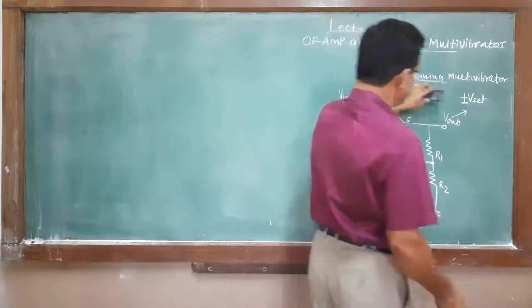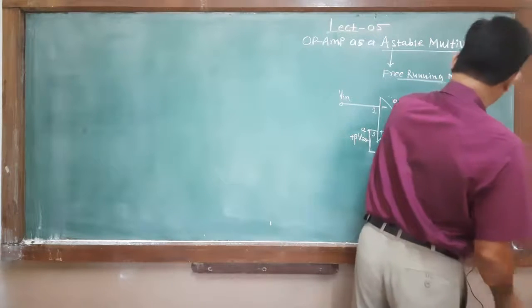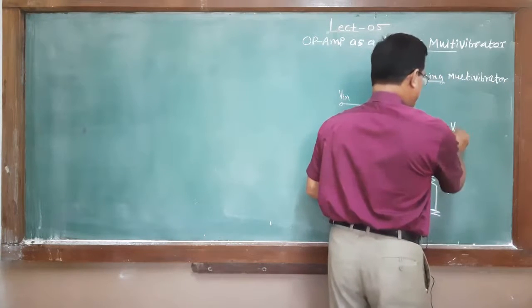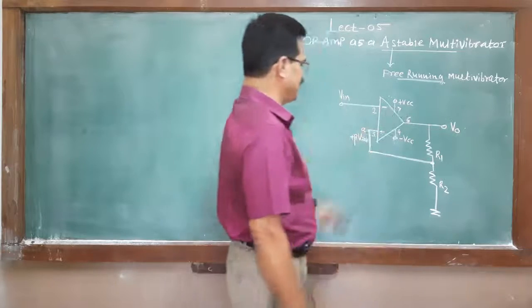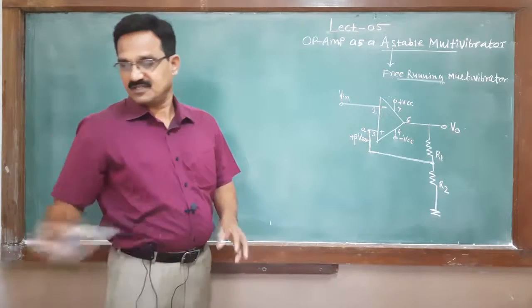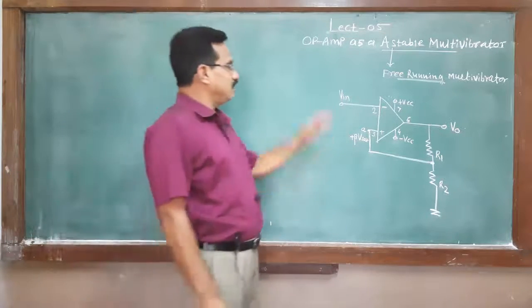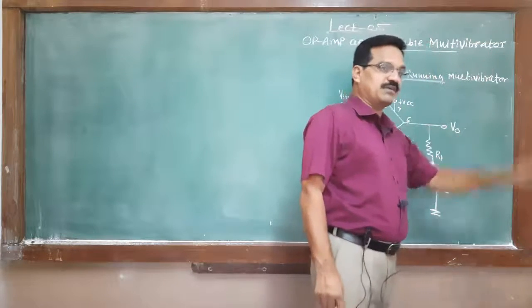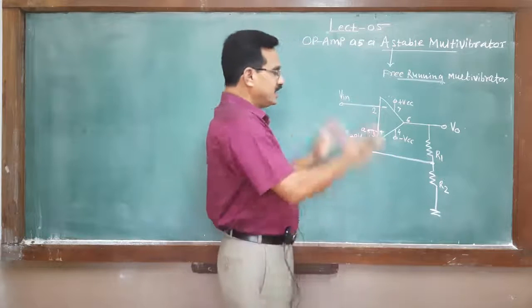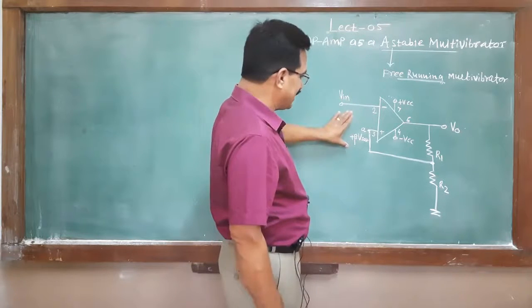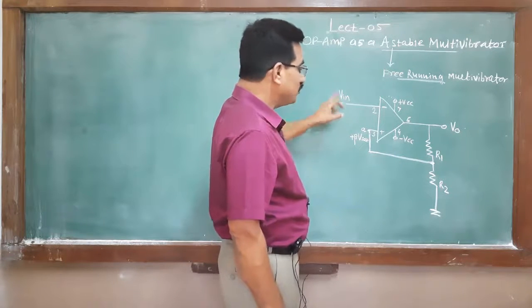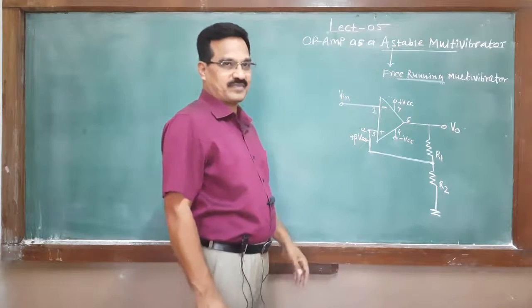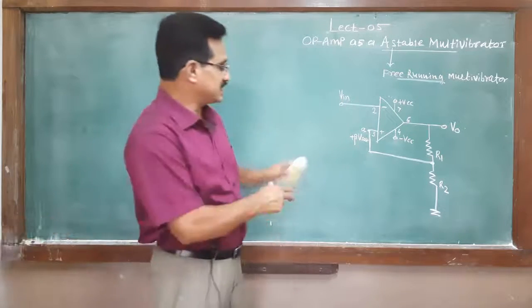After considering this, here is the output voltage V0. This is actually a Schmitt trigger circuit. But basically our interest is in the astable multivibrator. In this circuit the input was given externally.